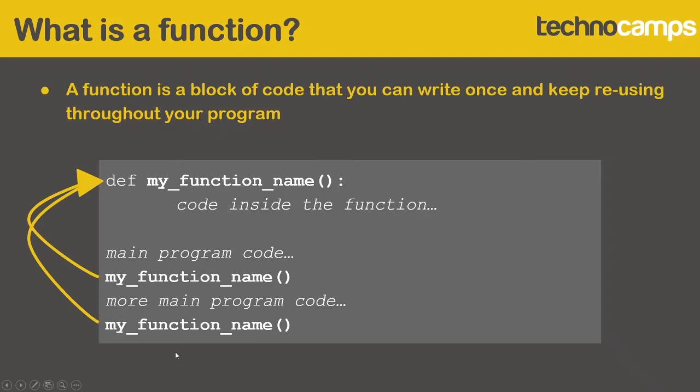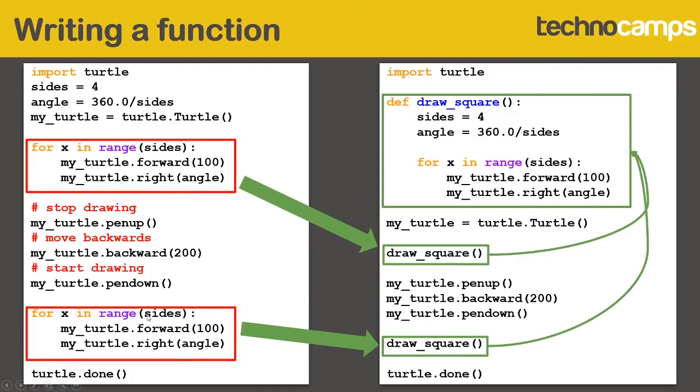So let's have a look how this would actually work in our program. So this is our old code. This is what we currently have, where we're drawing the shape here, we're moving, and then we're drawing the shape once again. Now, at the top of our program, we define a function called draw_square. And in here, we need to define the number of sides of the square and the angle of the square.